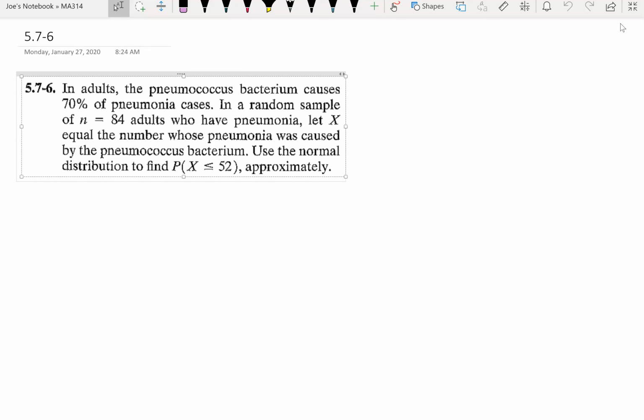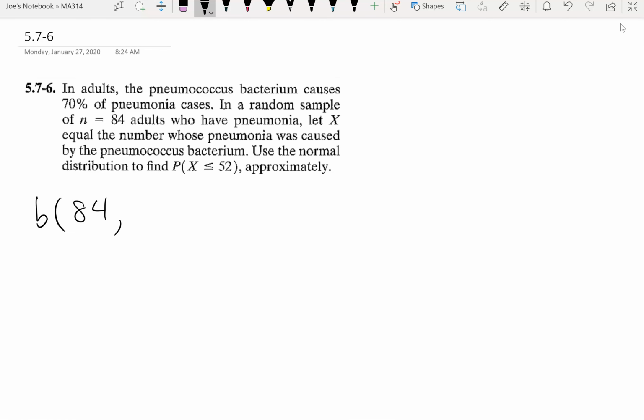So we've got independent, identical trials, where you've got success or failure. So this is definitely a binomial distribution. What's the n in this case? 84, and p is 0.7. So that's our original distribution.